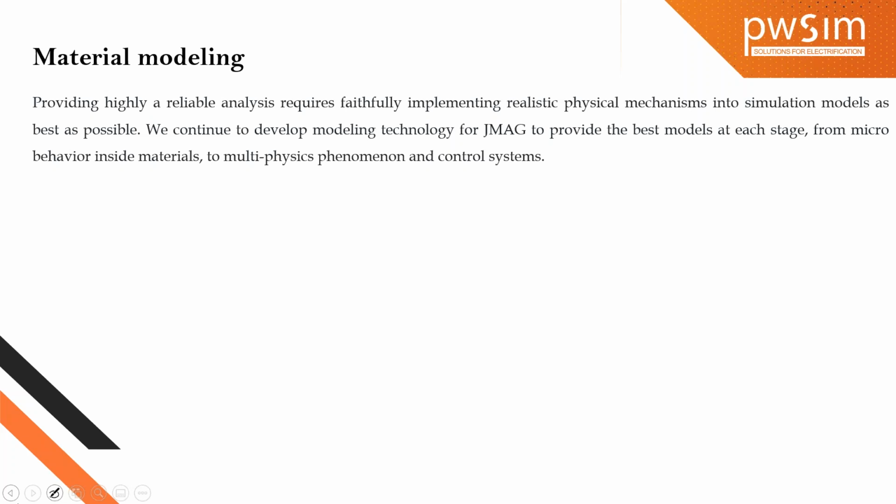So material modeling is very important, as JMAG is developing by incorporating material data into the JMAG material database. JSOL will continue to develop modeling technology for JMAG to provide the best model at each stage, from micro behavior inside the material to multi-physics phenomena and control systems.